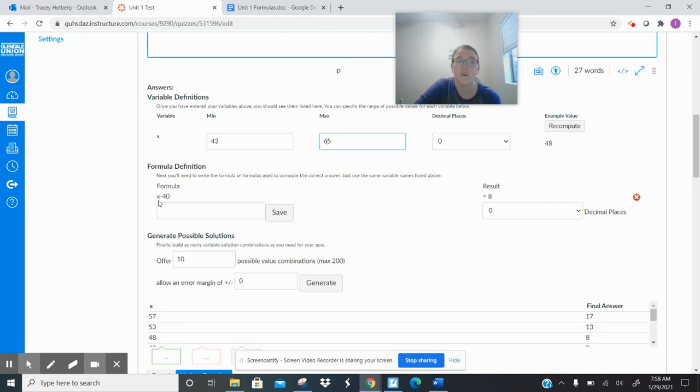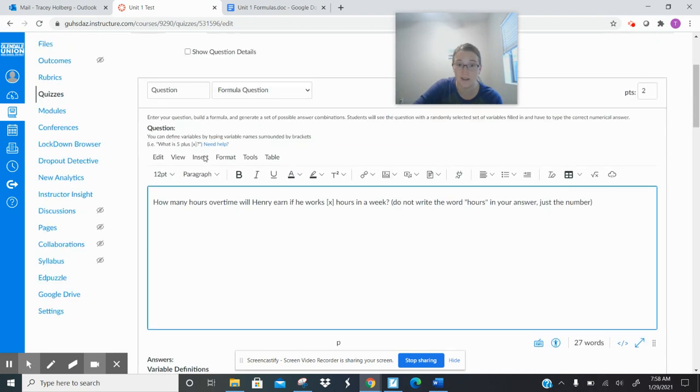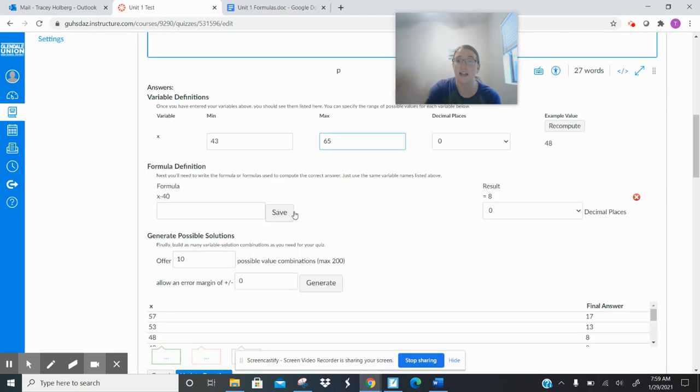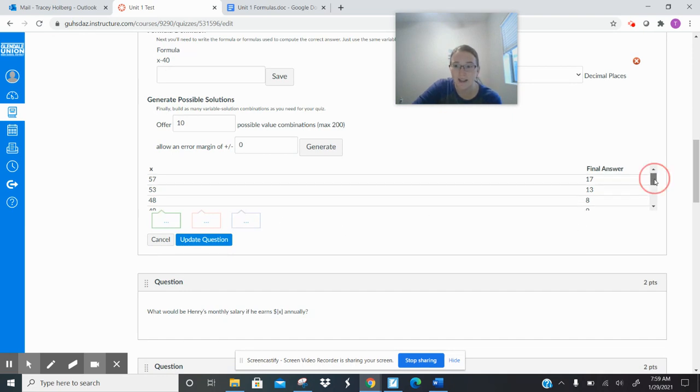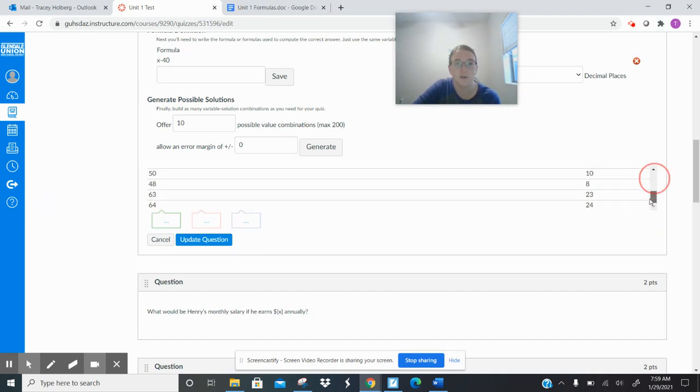And then I create a formula for how to do the problem. In number 1, all you had to do was take the hours, X, and take away 40, because 40 is regular hours, so X minus 40 gives you the overtime hours. So it generates a list of possible numbers to plug in, and therefore possible answers.